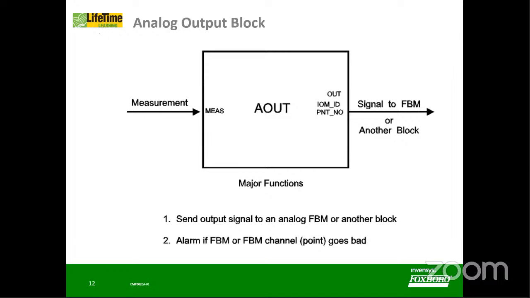Ultimately, to this particular fieldbus module, the field element or output element located in the field, maybe a pump, a valve, a solenoid valve, or an alarming lamp, whatever it is, is connected, and it will be receiving the signal from the fieldbus module. In a similar way, whatever output is coming from the PID, you can do the necessary signal conditioning using this AOUT block, and from the AOUT block the signal will come out of the control processor, then go to the FBM, and from there go to the field.